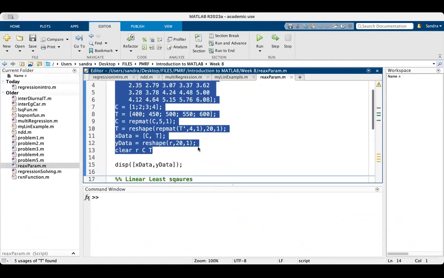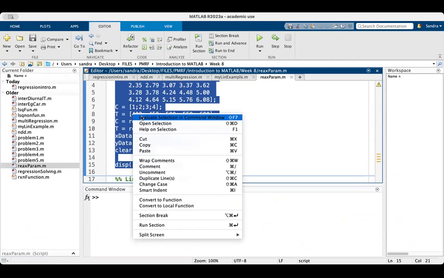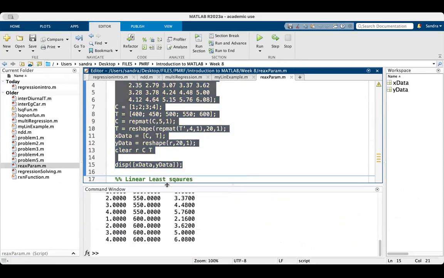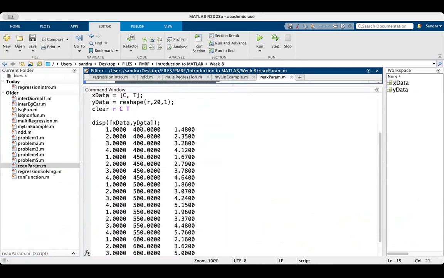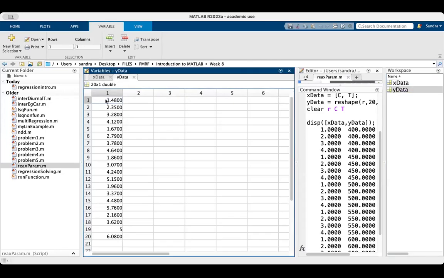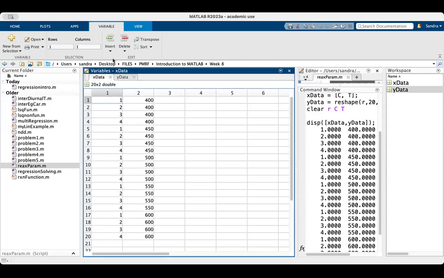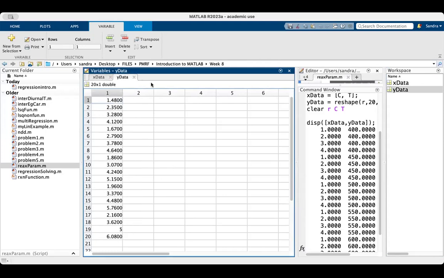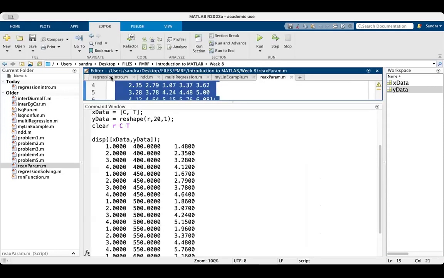If you want, you can directly enter it one by one, that's completely fine. But finally, your X data and Y data look like this. This is your concentration in moles per liter, and this is the temperatures. And the Y data corresponding to each combination, the reaction rate, is given here. So this is your X data and this is your Y data.